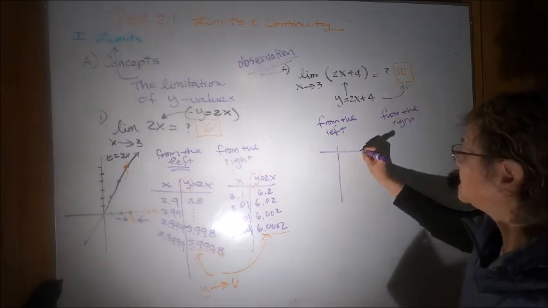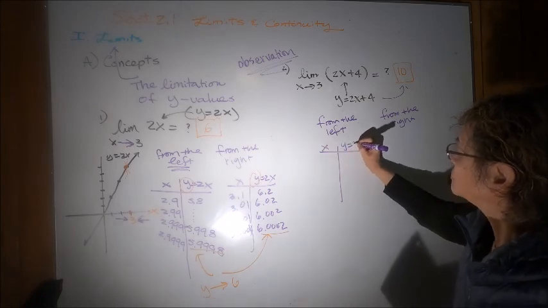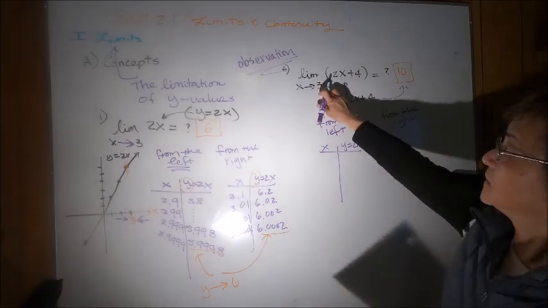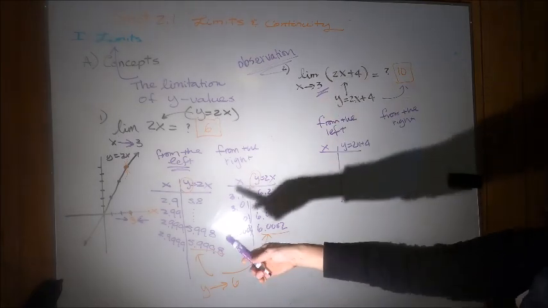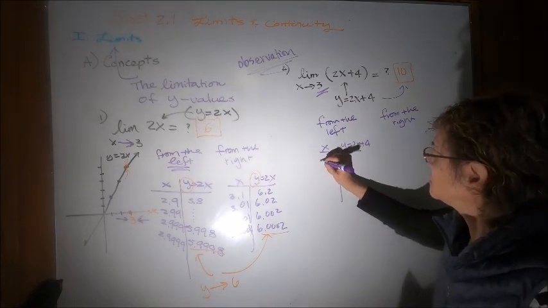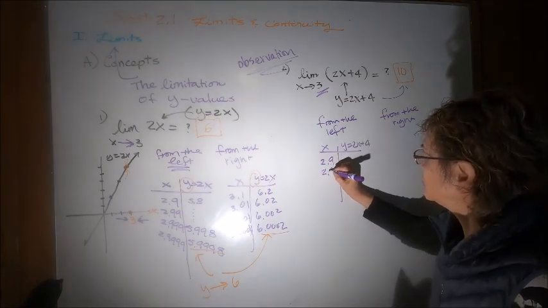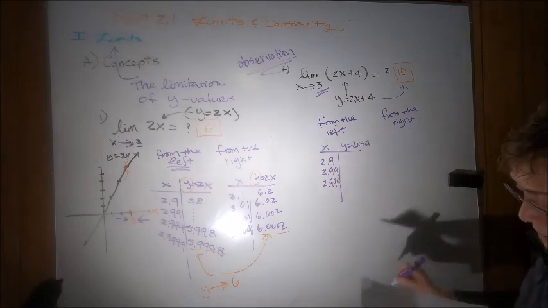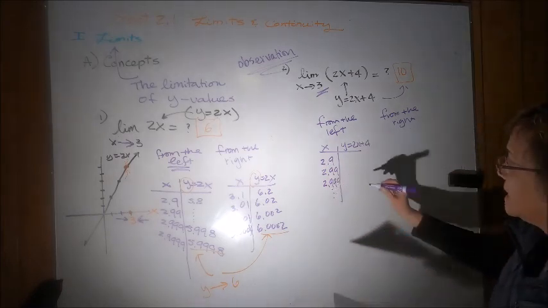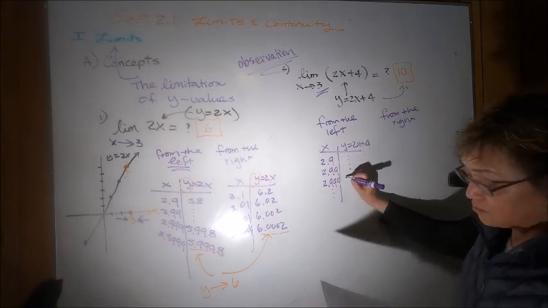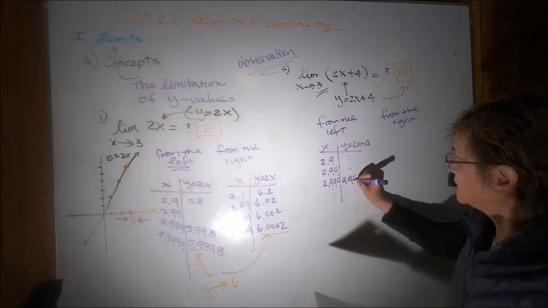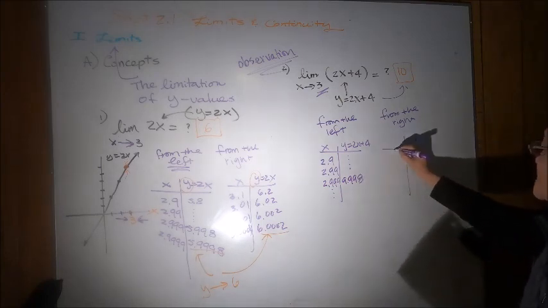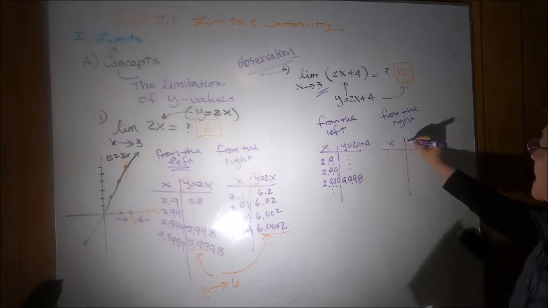So we do our t-table, x and y equals 2x plus 4. Approaching 3 can be from the left-hand side and from the right-hand side. So we can use 2.9, 2.99, 2.999. Then you plug in all the values, and this one will be 9.998.